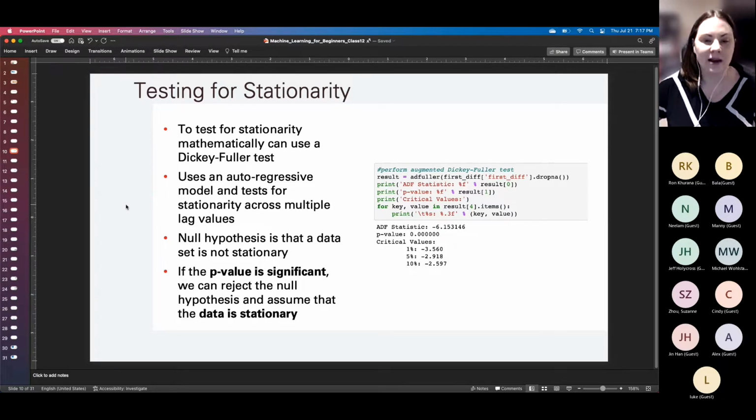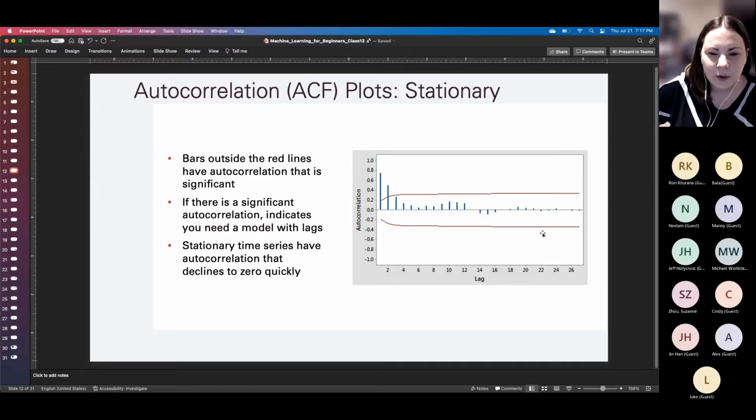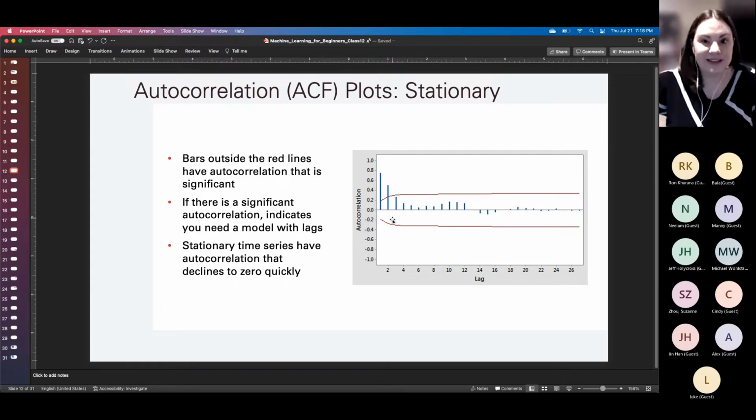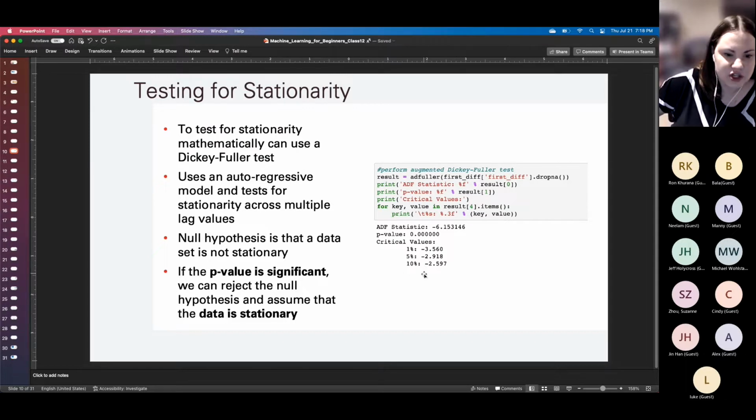A lag value, say we're doing a first differencing, is like this: this is our first data point, and the second data point is the first lag, so it's basically one data point before. It looks at different lags or different parts of your time series and looks for stationarity.